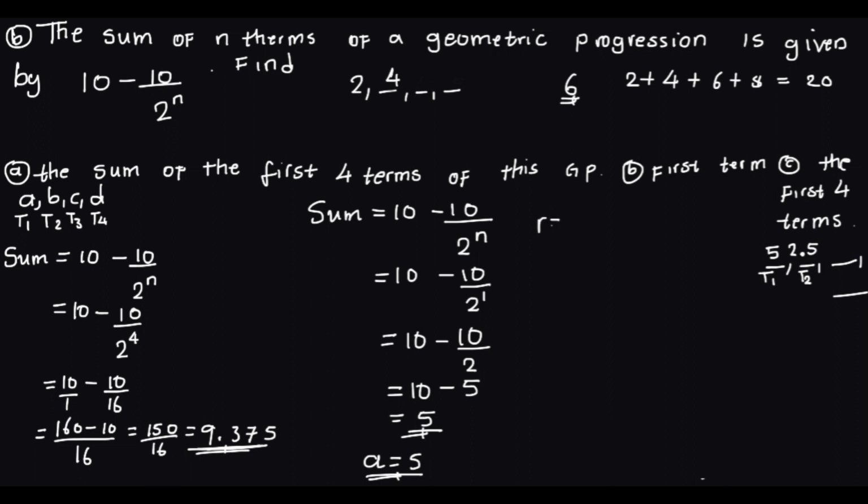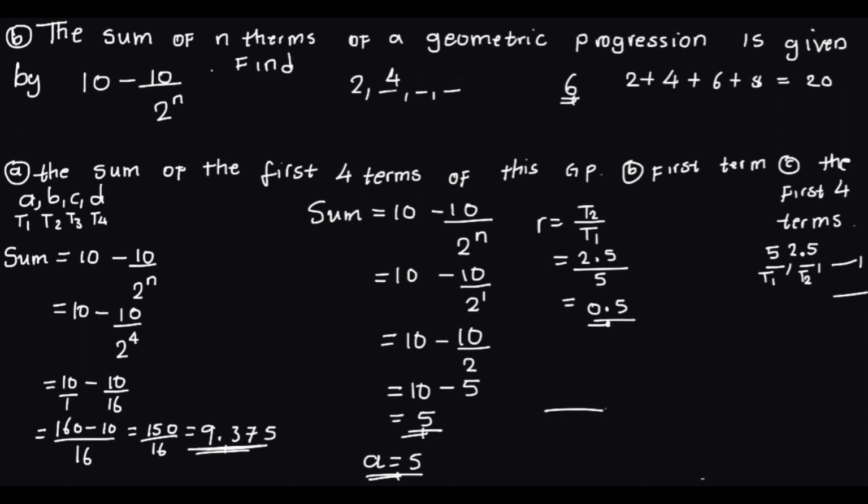So common ratio, it is second term divided by first term. Our second term is 2.5 over 5. So if we divide 2.5 by 5, it is 0.5. So they were multiplying each term by 0.5 to get the next term.